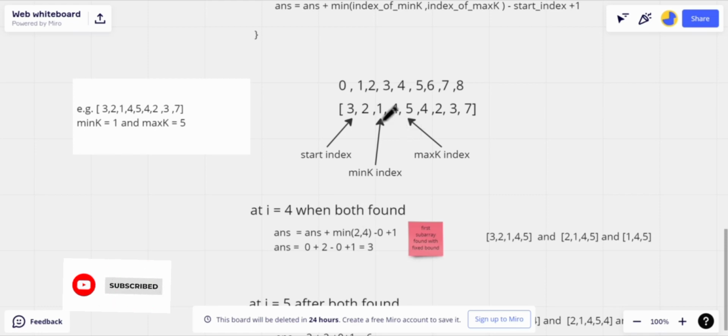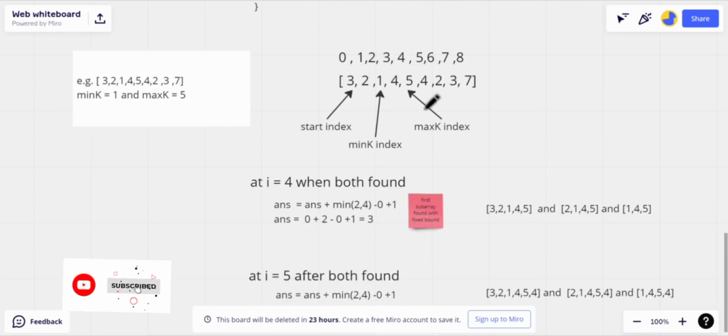Here its index is 2 and its index is 4. So the minimum will be 2, and initially our answer was 0. So the minimum index here will be 2 and 0. You have to subtract the starting index, which is 0, and then add 1 because of this subarray. So the answer will be 3, and which three subarrays are possible? 3 2 1 4 5 first, then 2 1 4 5, and then 1 4 5. These three subarrays are possible.